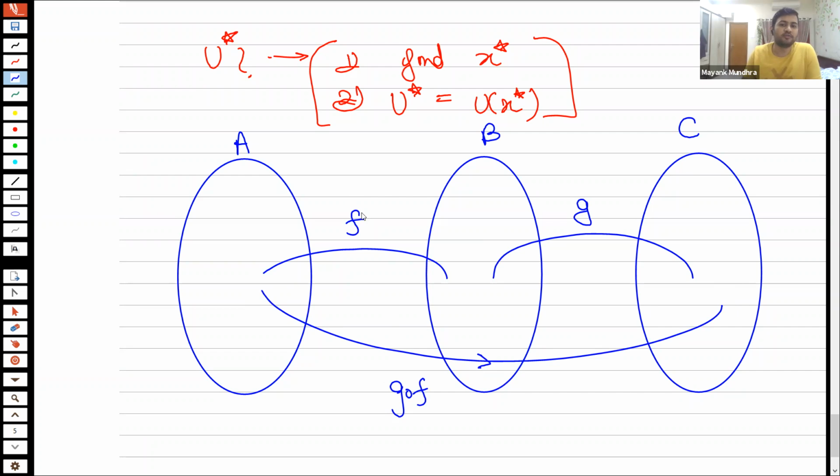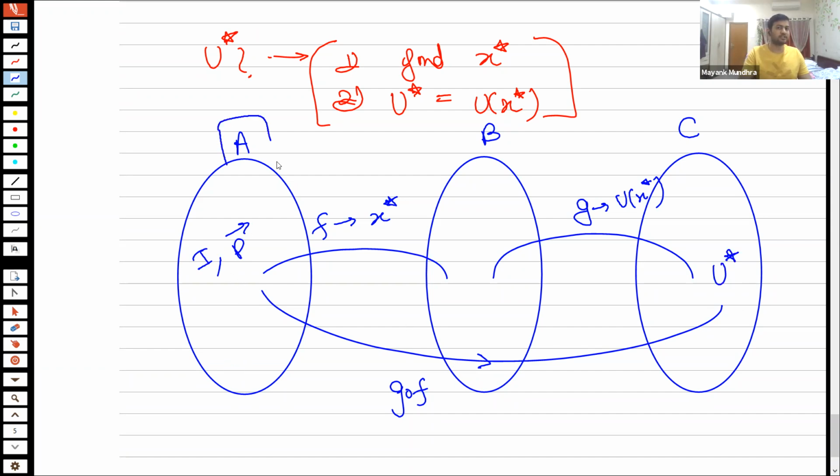So you can think of the function f as basically finding x star, and function g as U at x star. So the composite function g of f, what it does is you start with some income and price vector, and it automatically gives you the optimal utility for these different points.